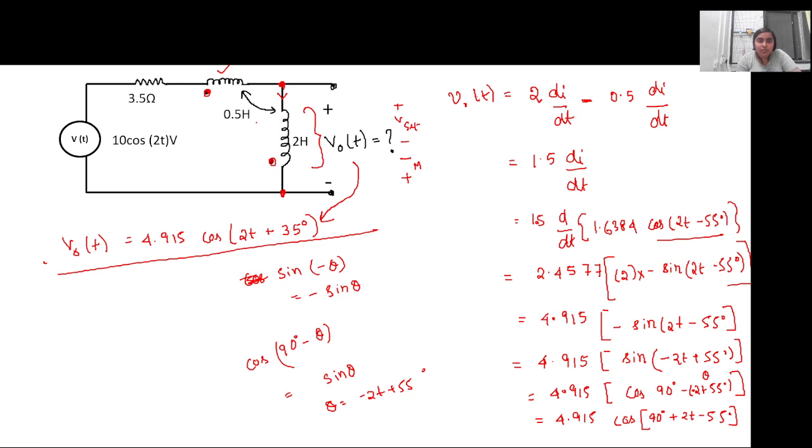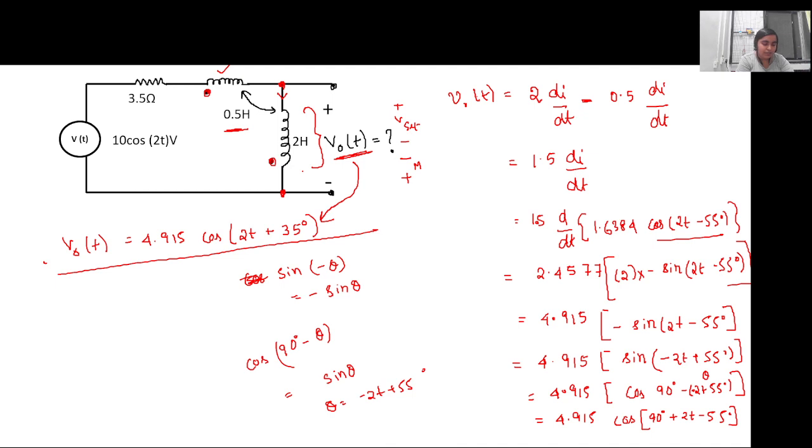Also you have to incorporate the mutual inductance, not just the self inductance. Yes, ma'am. That is why I reverted back to the time domain. Anyway, we have to write the answer in the time domain because V naught(t) is given, not just V naught.